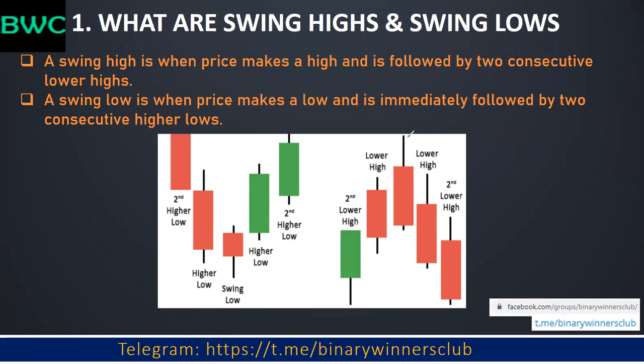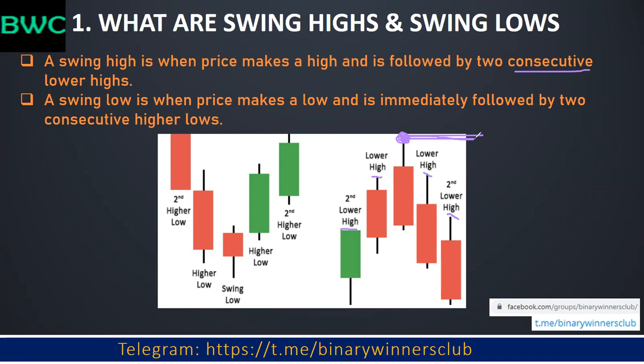You look at this candle's high. The high price is higher than the next, subsequent, consecutive ones. So this high is followed by this lower high and another lower high, and preceded by another lower high and another lower high. So this candle becomes a swing high.